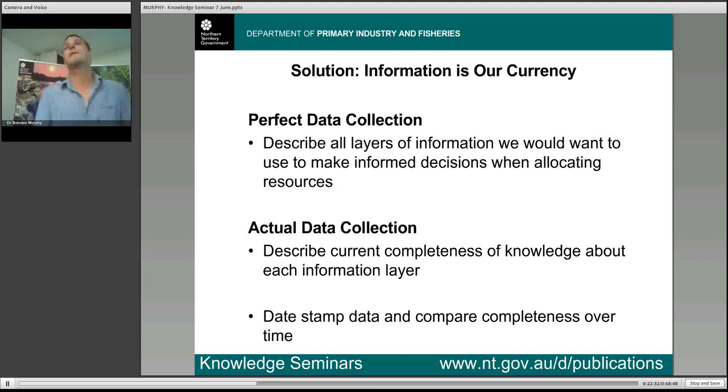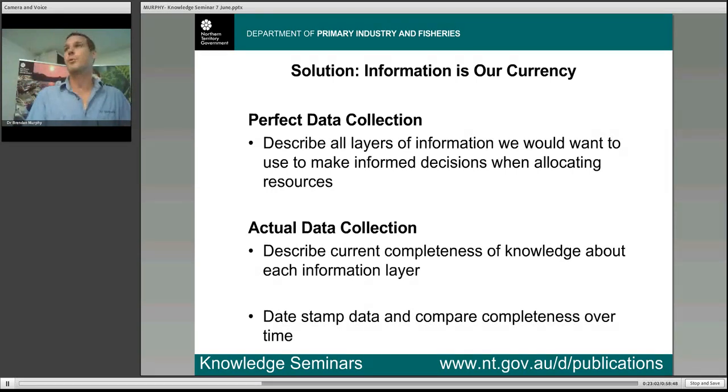So the solution is information, and information is not just the currency for surveillance, but it's the currency for the whole biosecurity system. So we can use a number of tools here. We can talk about collecting perfect data sets. For example, for gypsy moth, we want to describe all the sea container sites where sea containers move around in New Zealand, and in that particular case, we would also want to describe where all imported cars end up in New Zealand, because we didn't have our own local motor industry.